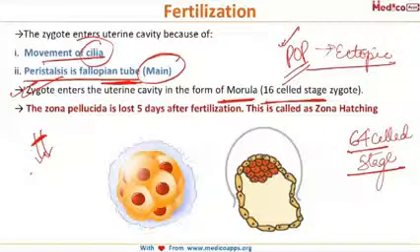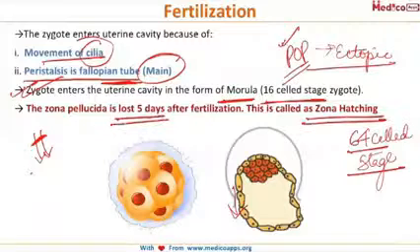Now, the lysis of the zona occurs due to blastocyst enlargement and the escape of the embryo, and this is called zona hatching. So, this occurs on the 5th day. You might have a question that zona hatching occurs on which day, and this is the 5th day. Blastocyst forms on 5th day, zona hatching occurs on 5th day.